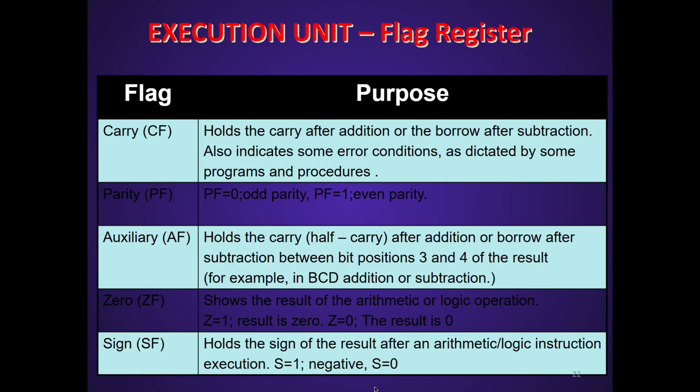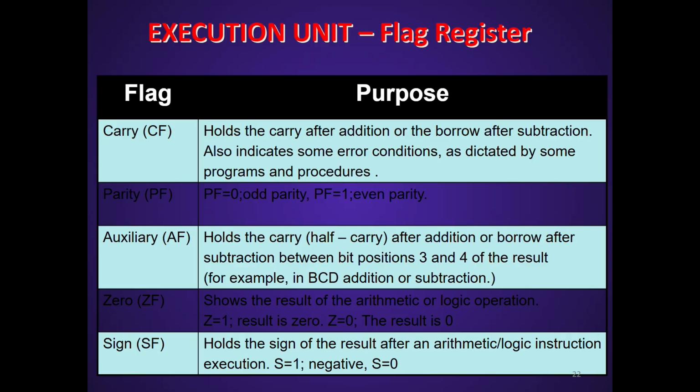The auxiliary flag is set whenever there is a carry or borrow from bit positions 3 and 4 of the result, for example in BCD addition or subtraction, where we need a half carry. The zero flag represents that the result is 0.